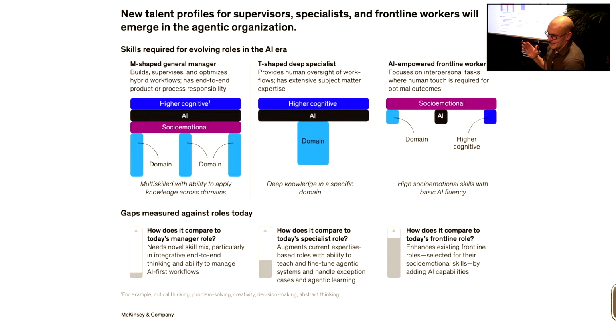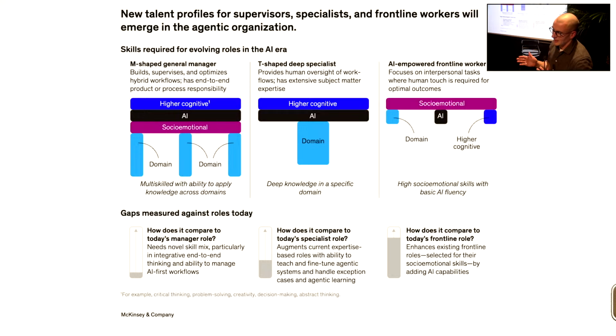There's a concept of an M-shaped engineer, where AI allows people to have prowess in a larger setting. You can probably intuit it better from this picture than from my explanation.